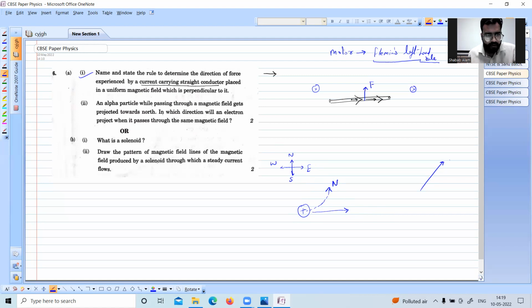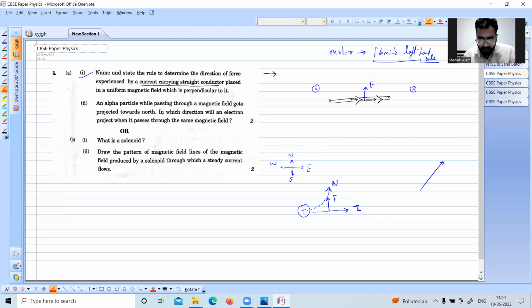Why? Because of the presence of the magnetic field. As I repeat the question, an alpha particle while passing through a magnetic field gets projected towards north. So in such a situation, if I fix the direction of motion of the particle, which means the direction of current, and the direction of force we experience is this way, what is the direction of magnetic field?